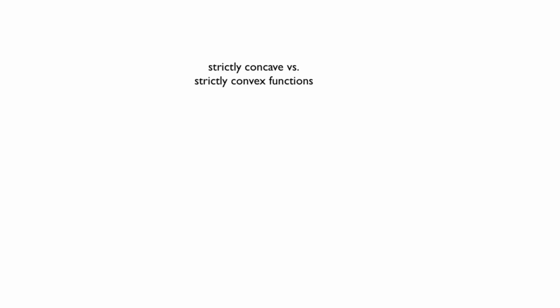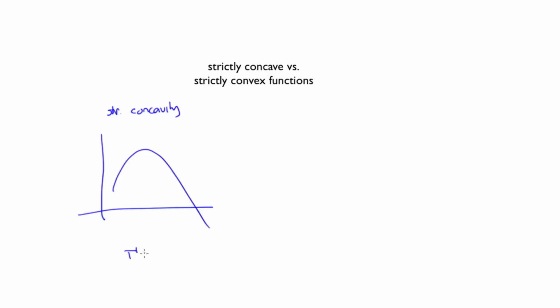In order to pass on the intuition for why the costs look like they do in many economic problems, I want to add one tool to your tool belt that will be very useful throughout the course. Remember that in the case of strict concavity, the function looks like an inverted bowl, something like this, and the second derivative is less than 0 at all x.